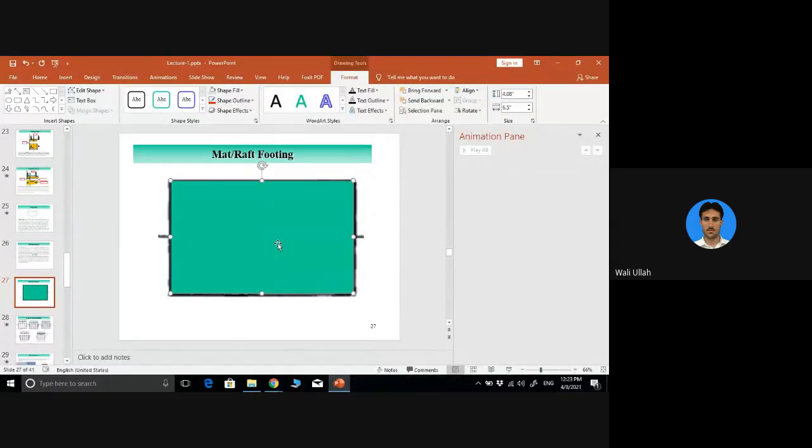That you would do in your RCC design. The thickness of the footing is a subject of reinforced concrete. If you have any question, you can ask.